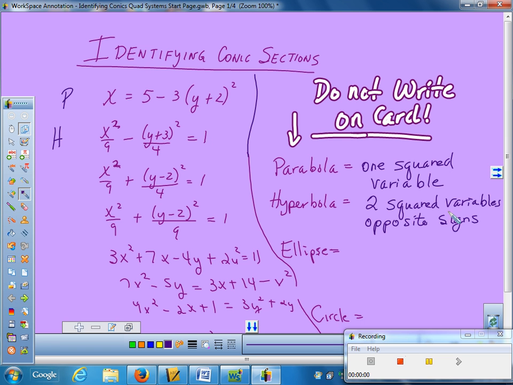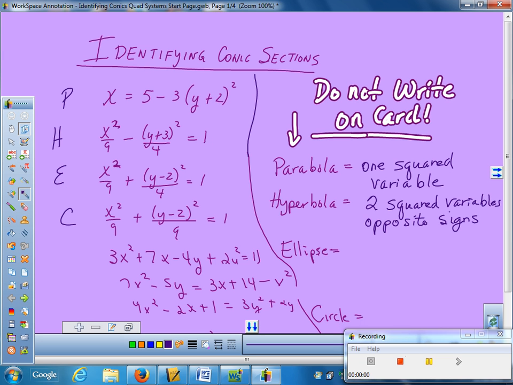Circle, the denominator on a circle will always be the same number. Circles have that same coefficient in front, whether it's divided or whether it's up on top. If it has the same number, it's going to be a circle. That's what makes a radius, because you're going the same in both directions. Whereas this one has a 9, then a 4. That's a and b. That's going to be your ellipse.